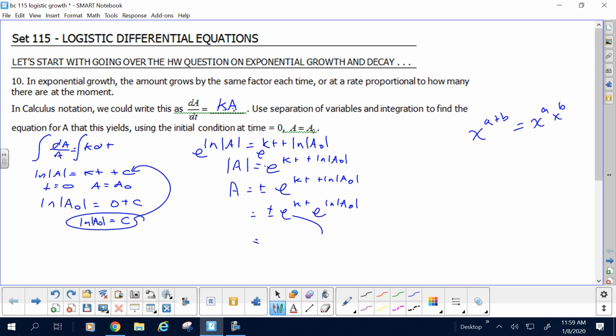Let's write the e to the kt on the back end. And what is plus or minus e to the log of A naught? Plus or minus the absolute value of A naught. Typically, if you're dealing with living things, we don't sweat the absolute value and the plus or minus. Typically, it's small. Okay, are you with me? Cool.